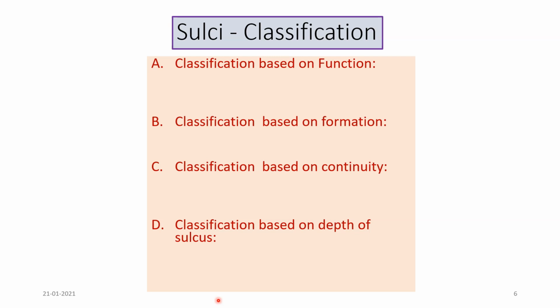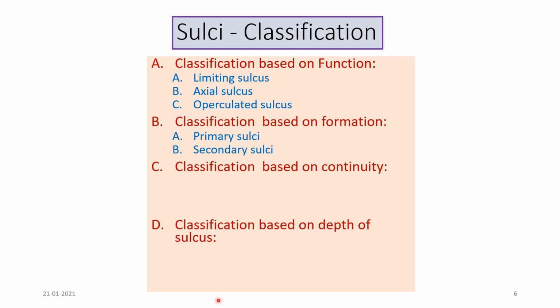Let us look into the classification based on function. There are three types of sulci under this group: the limiting sulcus, the axial sulcus and the operculated sulcus. Under the classification based on formation, there are a primary sulcus and a secondary sulcus. These are the two subcategories.